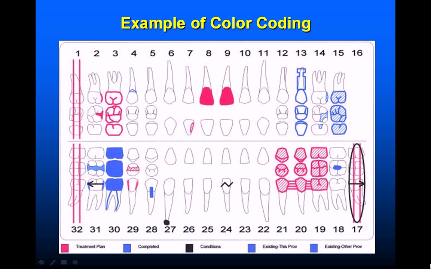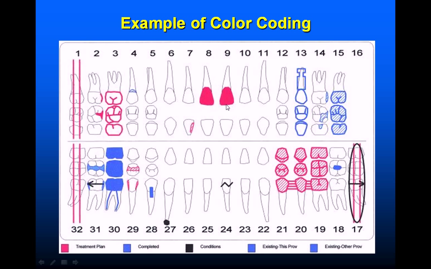For example, just a few clues from this specific chart, just reading the symbols here, and you're going to learn these symbols, numbers 1, 32, and 17, with those 2 vertical red lines running through them. That tells us that those 3 teeth need to be extracted. 8 and 9 have a symbol indicating that these need a veneer.